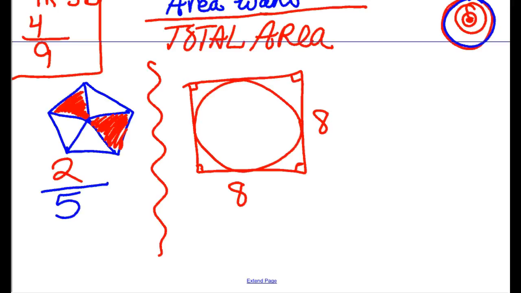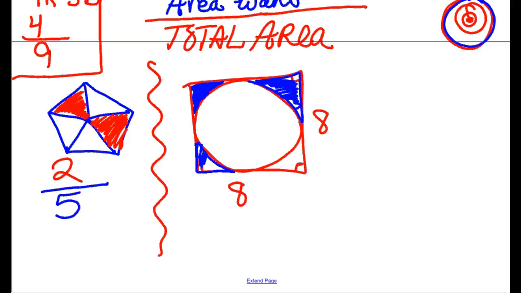And if I say, hey, what's the probability you land in? If you shoot at random, what's the probability that a randomly selected point, let's call that a dart, lands, assuming it hits the target, in this shaded region?